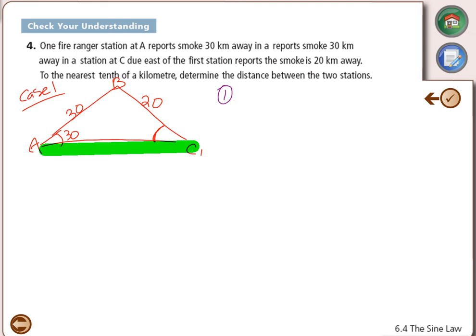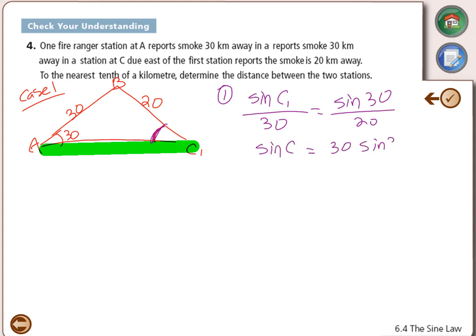Step 1. Find your C1 angle. We're going to find this angle. So sine of C1 over 30 equals sine of 30 over 20. So sine of C equals 30 sine 30 over 20. Punch it in and inverse sine. We get about 48.6 degrees. Okay, good.